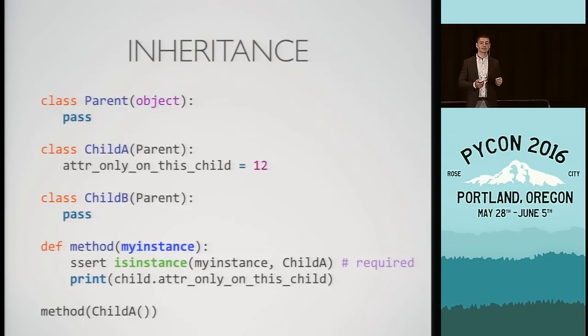I have to have an assert statement because I'm just saying, hey, not only do I expect this instance to be a child A, I actually know it to be of child A. So asserts in RPython are actually hints to the compiler saying, hey, I wrote this code, I know it has to be this type of variable. And because these classes are sharing the same parent, RPython by itself cannot guarantee that this method will always be called with child A and not child B, which would not have that property.